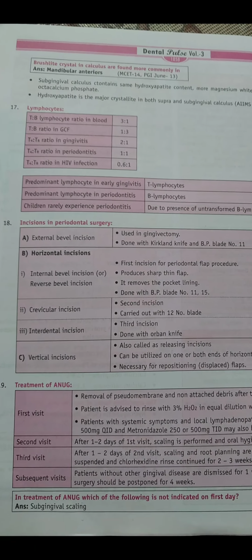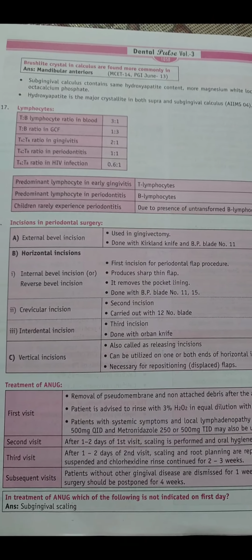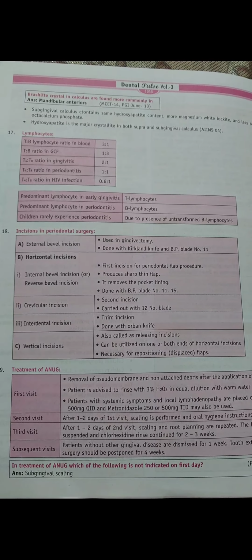Now let's talk about treatment of ANUG. It is very important in perio, so you should know completely about it: the features, clinical symptoms, and treatment. We have a number of visits: first, second, third, and subsequent visits.